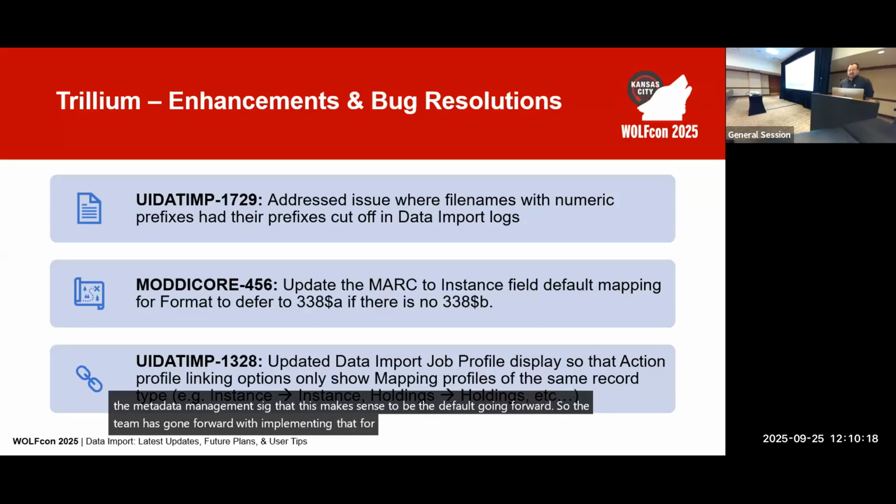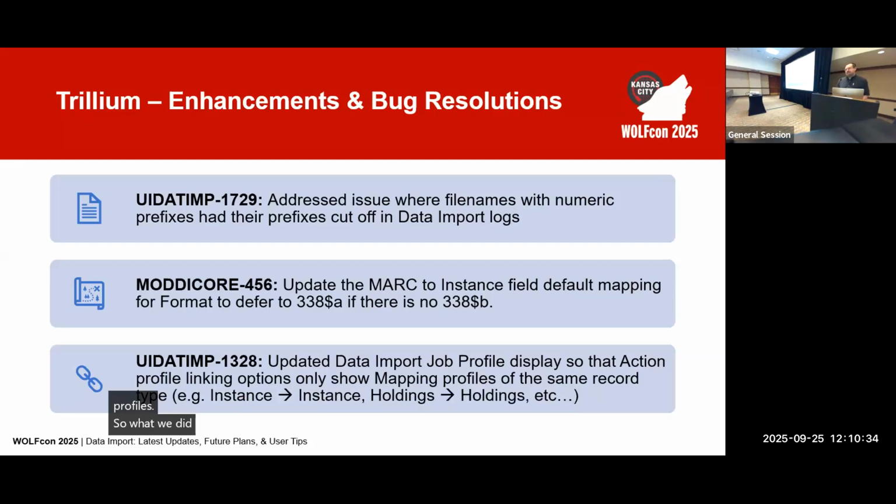And then lastly, for Trillium updates, here is a UI fix, or update rather, that puts in a guardrail of sorts for setting up job profiles. So what we did here is made it so that if you are connecting an action profile to a mapping profile, you'll only see options to link to that have the same record type.